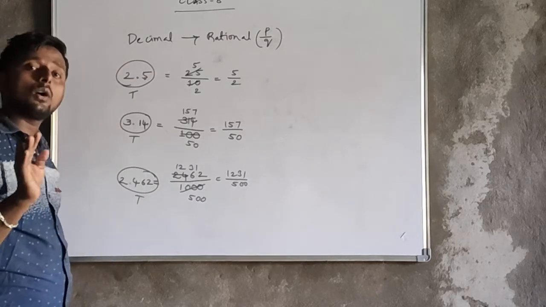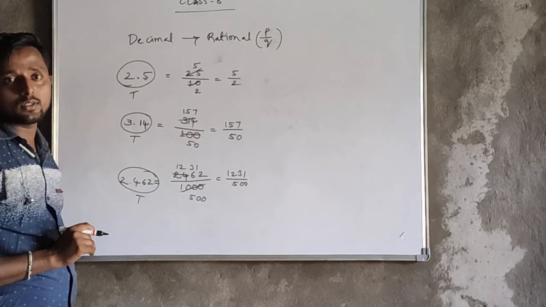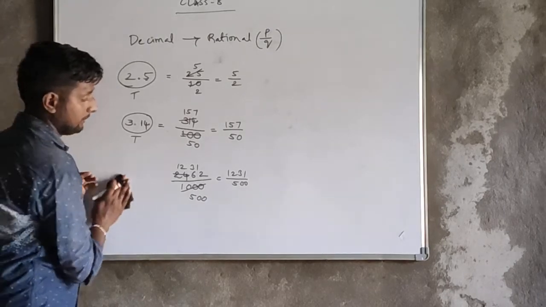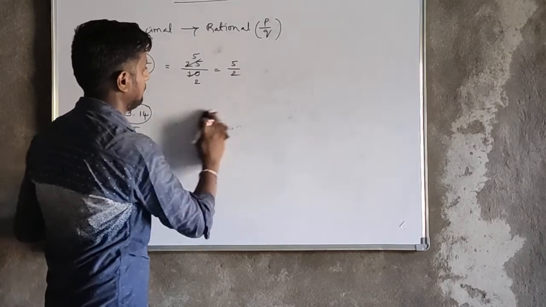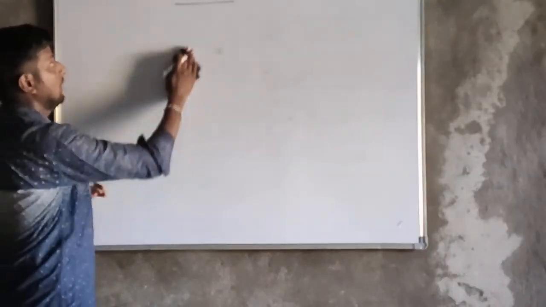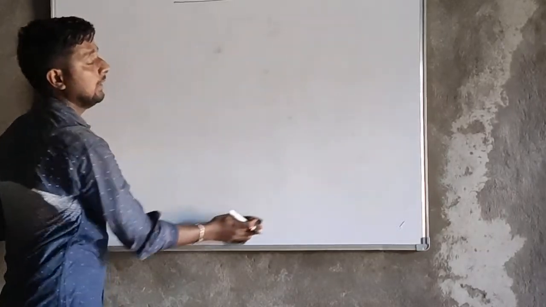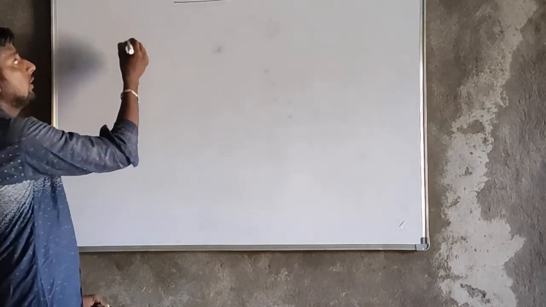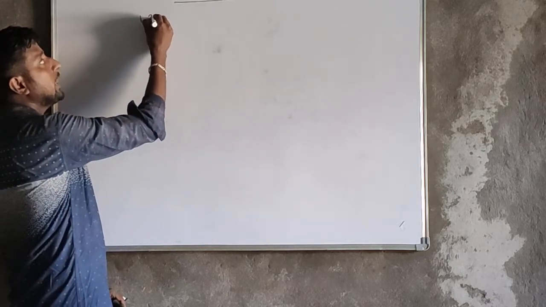But what about non-terminating and recurring decimals? Will you do? Yes, we'll see. Listen carefully and try to practice well and more. Now I'll write 1.3 bar.